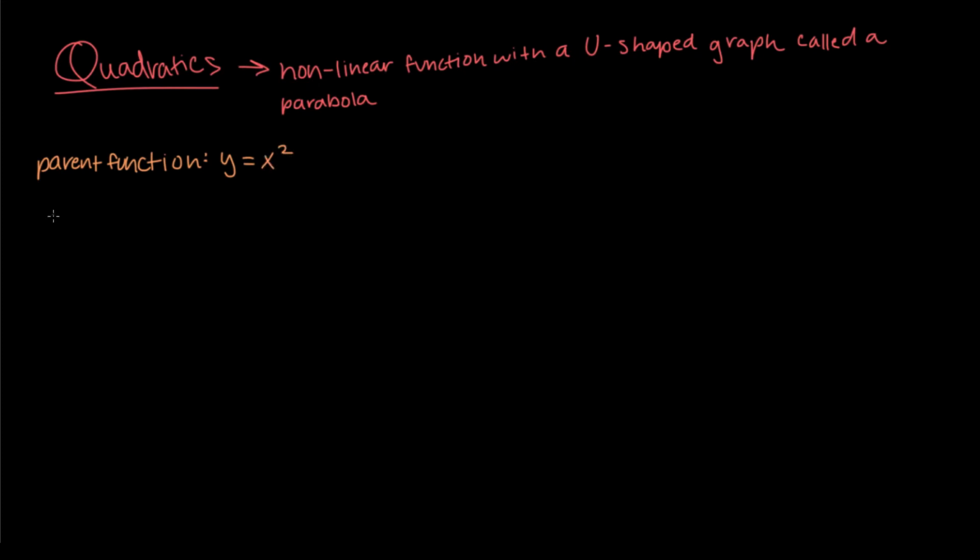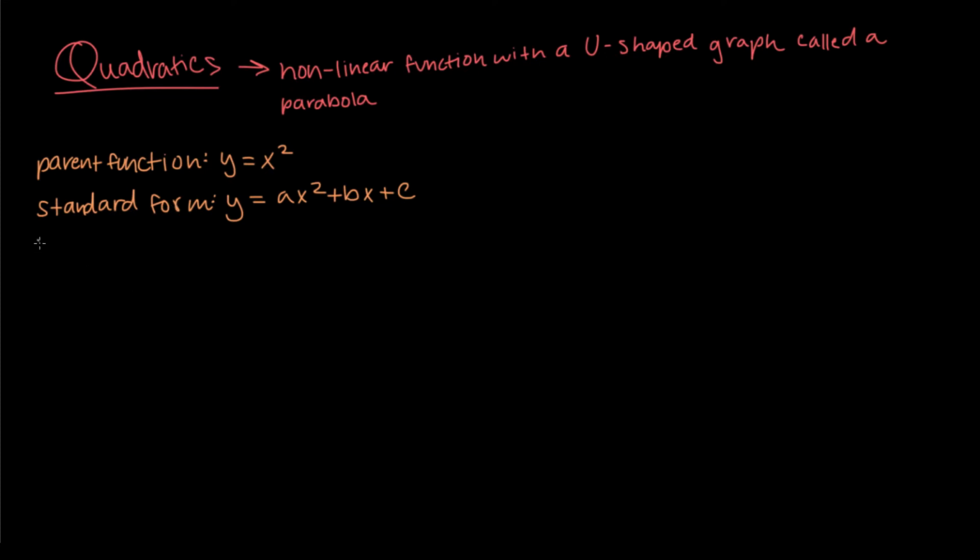Our next type is the most commonly used form, which is our standard form. y is equal to ax squared plus bx plus c. So when you guys are doing algebra, standard form is what you guys are going to see quadratics in the most.